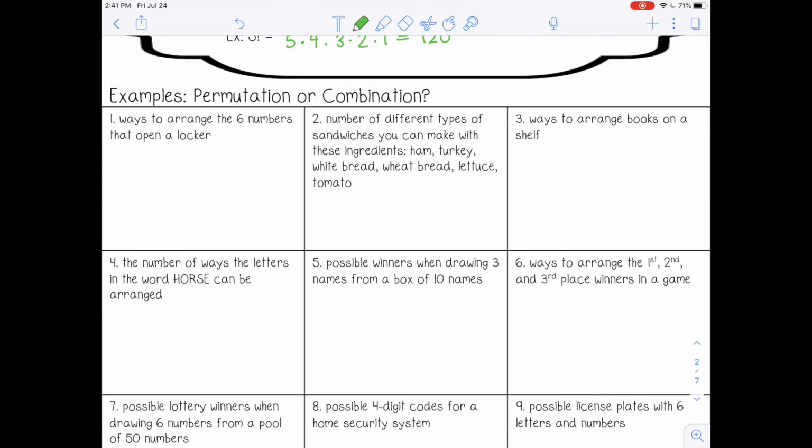That would be a permutation because the order that you put in the numbers for a locker or any lock does matter. Number 2, ways to make a sandwich with these ingredients: ham, turkey, white bread, wheat bread, lettuce, and tomato. So in this one, the order doesn't matter. I can put ham and then turkey, or turkey and then ham. The order doesn't matter.